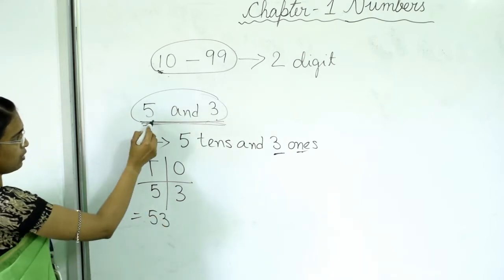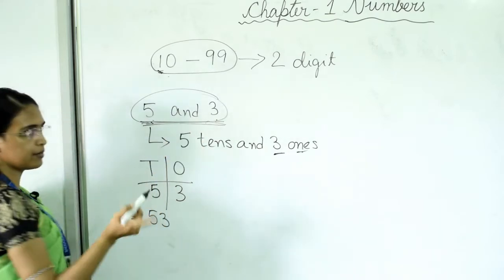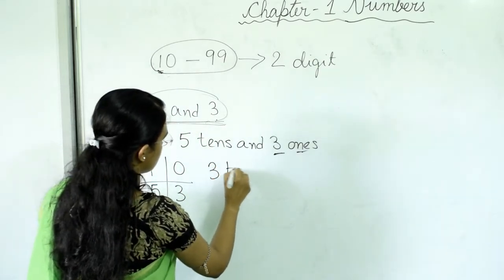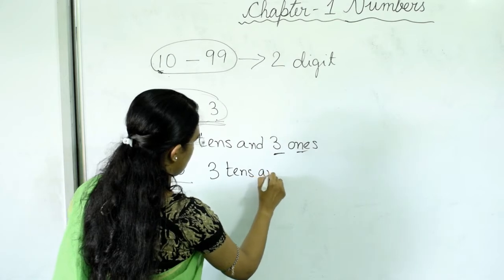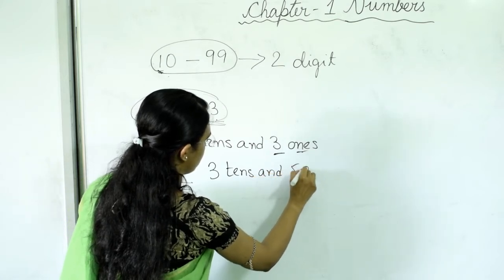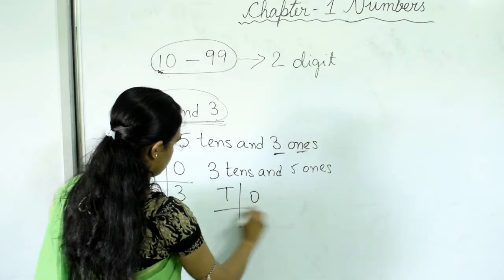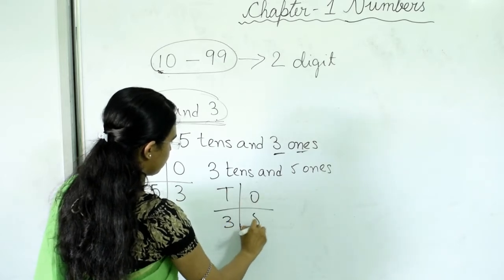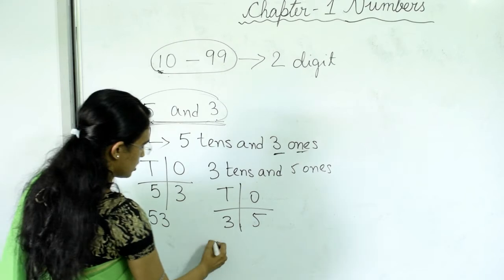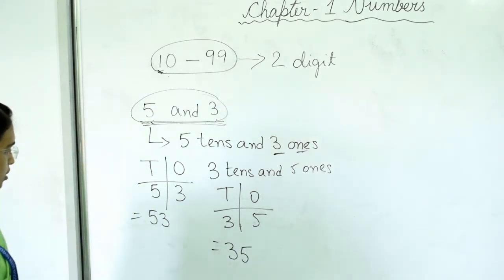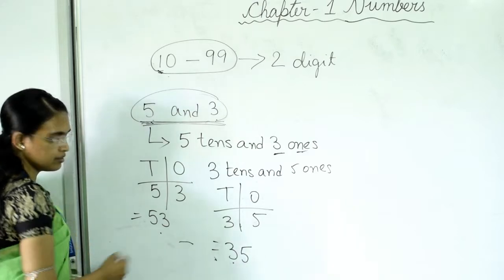And with these two numbers we can make another number, that is 3 tens and 5 ones. 3 in tens place and 5 in ones place, that is 35. Okay, so both the numbers are different, right?